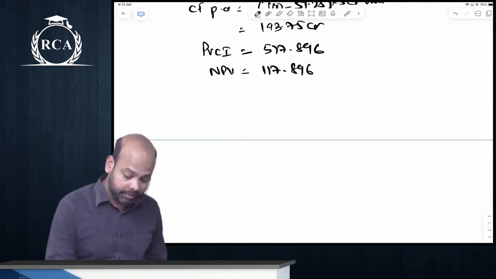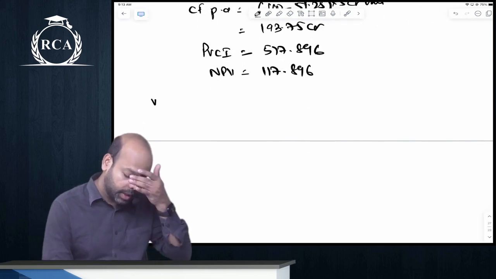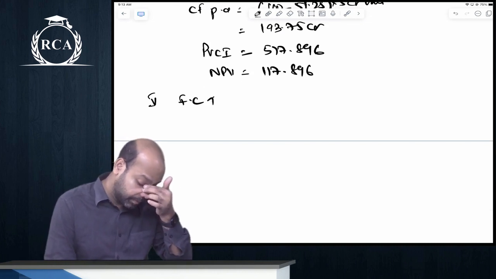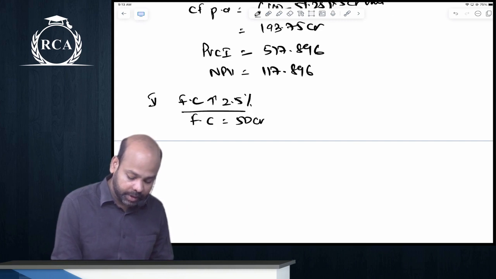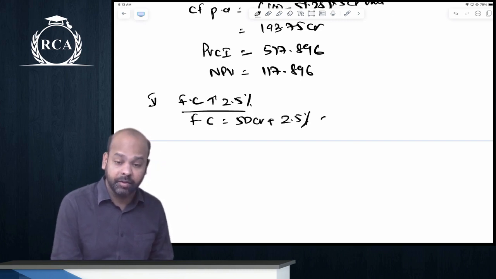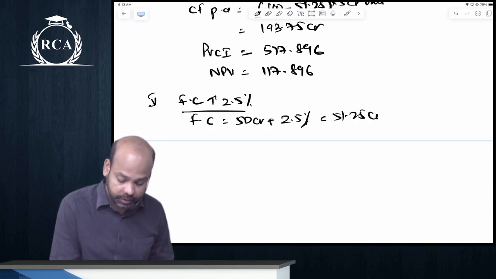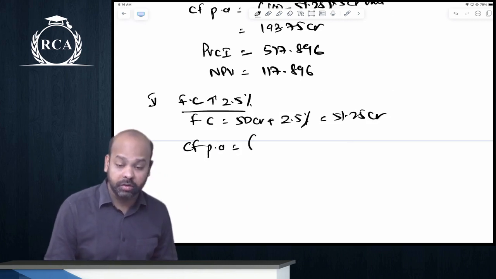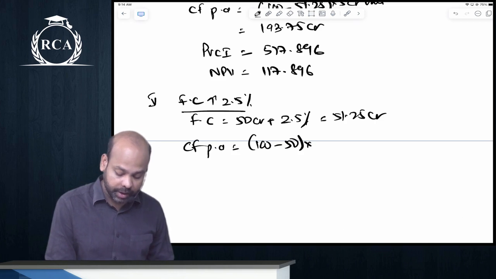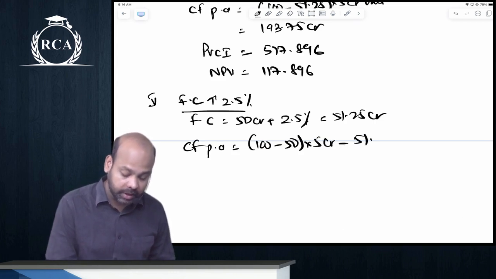Next beta क्या है? Fixed cost increasing by 2.5%. So your fixed cost beta will become 50 crores plus 2.5%, 51.25 crores. Your cash flow per annum beta, everything constant guys, 100 rupees, 50 rupees, 5 crore units, only the fixed cost element is changing.